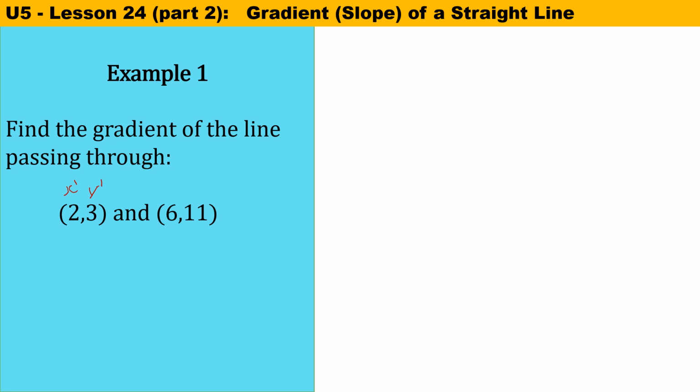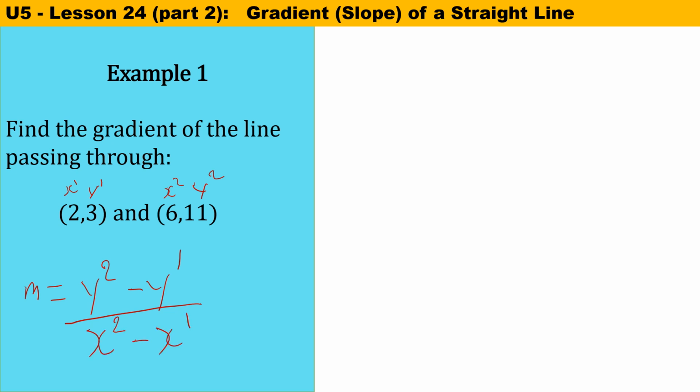For your second coordinate, it becomes x2 and y2. And the formula says m equals y2 minus y1 divided by x2 minus x1.